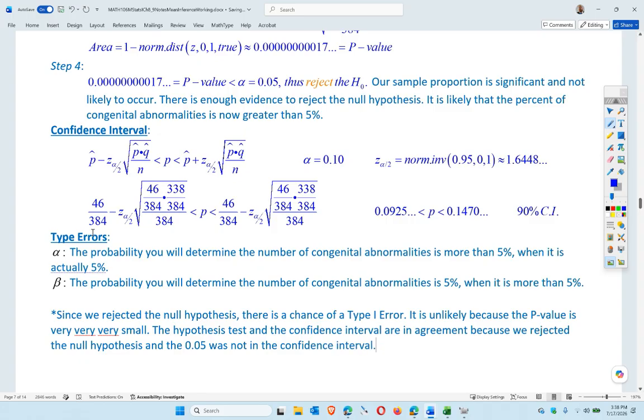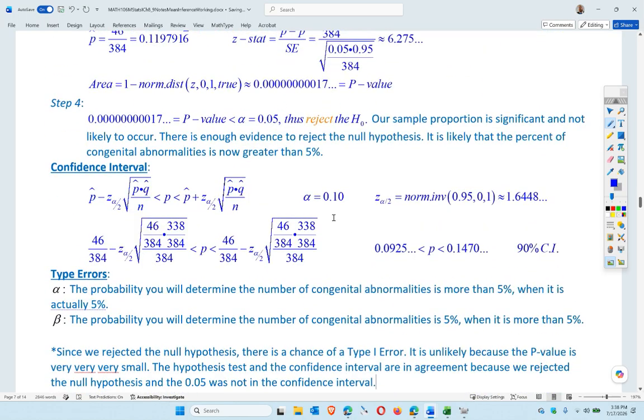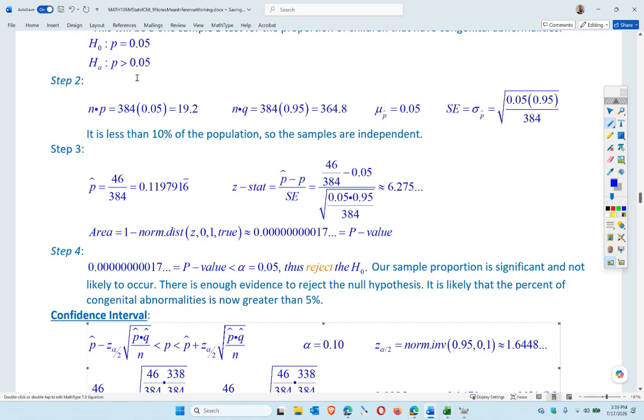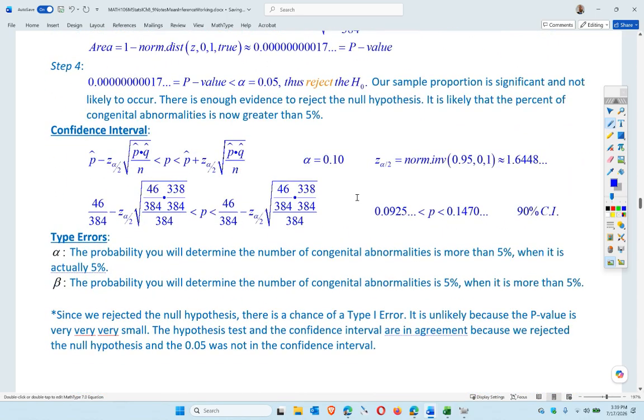So our confidence interval, 0.09 to 0.02, is clearly showing that it's higher than 0.05, which would make sense, which is why we rejected this essentially. So we are in agreement.